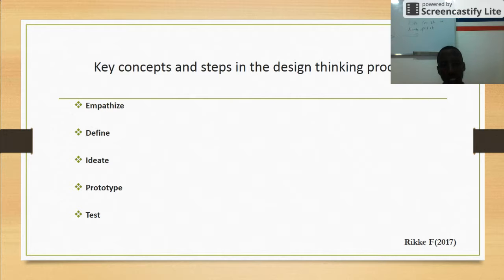Test also comes in as a way of collecting feedback. You collect feedback from different end users, then you refine your prototype to get the final product. Those are the main key concepts and steps in the design thinking process.